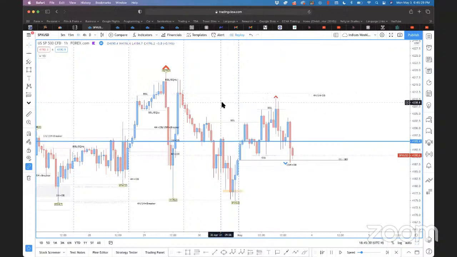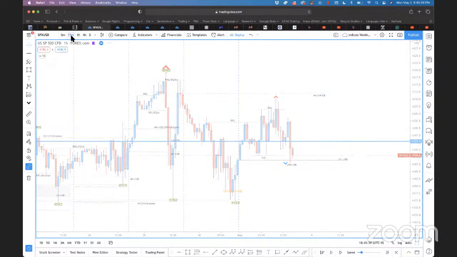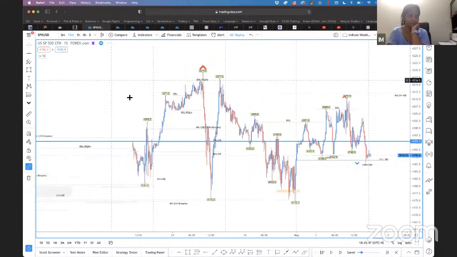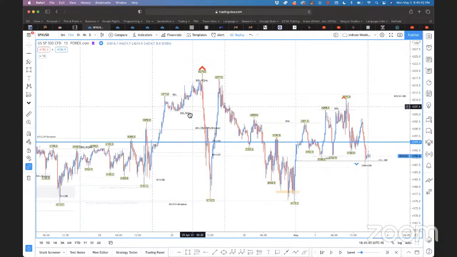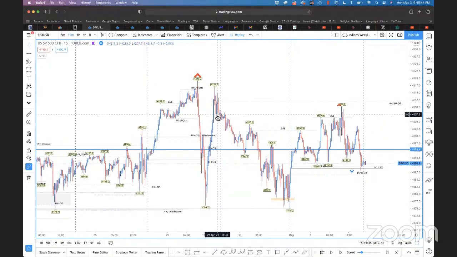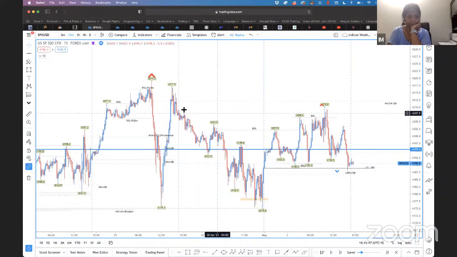It'll probably eventually trade through this right here. But I mean, if we look at the 15-minute, what's right here? What's this right here?